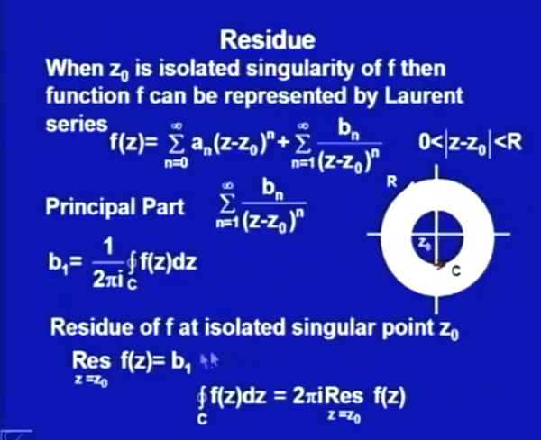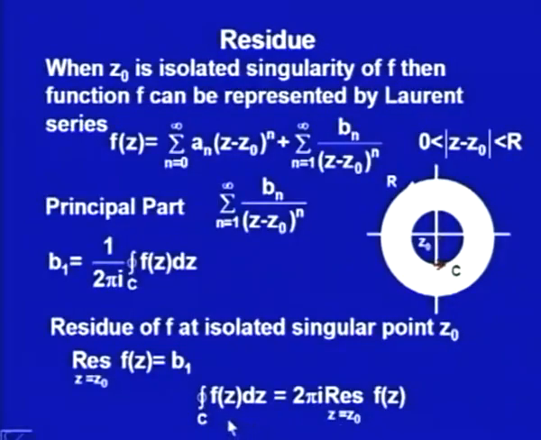What is b1? b1 we called the residue of f at this point. Another notation for this is residue at z equal to z naught of f(z). So it is 2 pi i b1, or 2 pi i times the residue of f(z) at z equal to z naught.